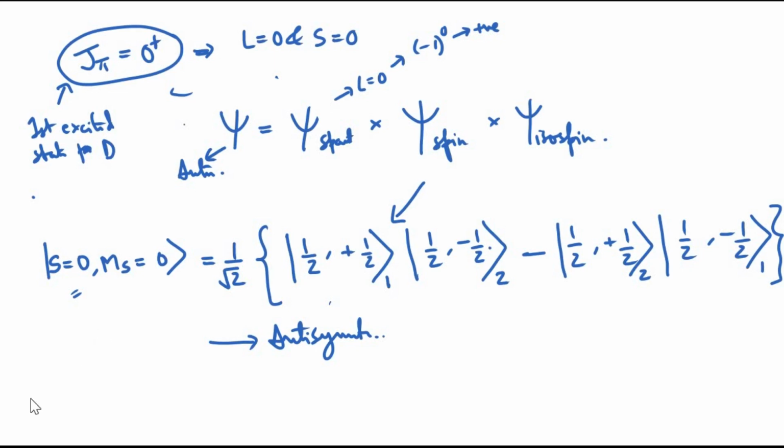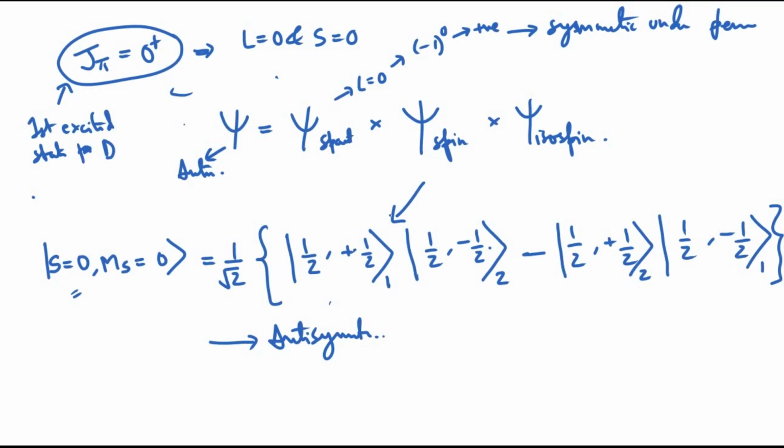It is a basic thing, a very basic thing. What I am saying is, see the spatial wave function, we have already discussed this. L equal to 0, so this is positive, and this is symmetric under permutation.